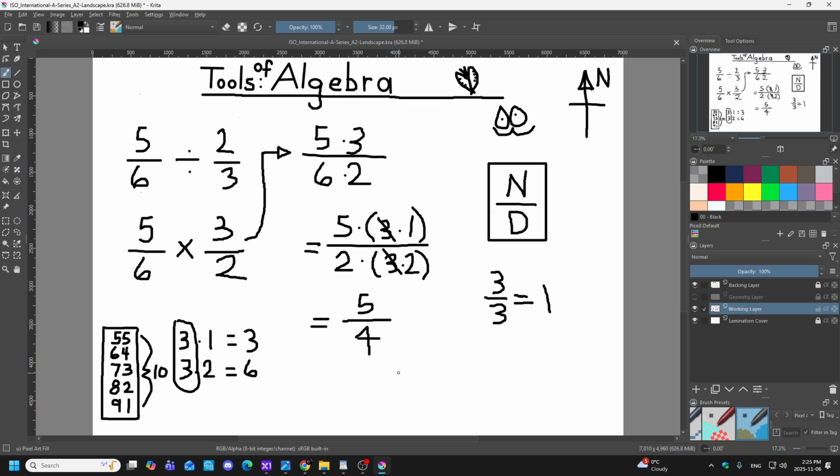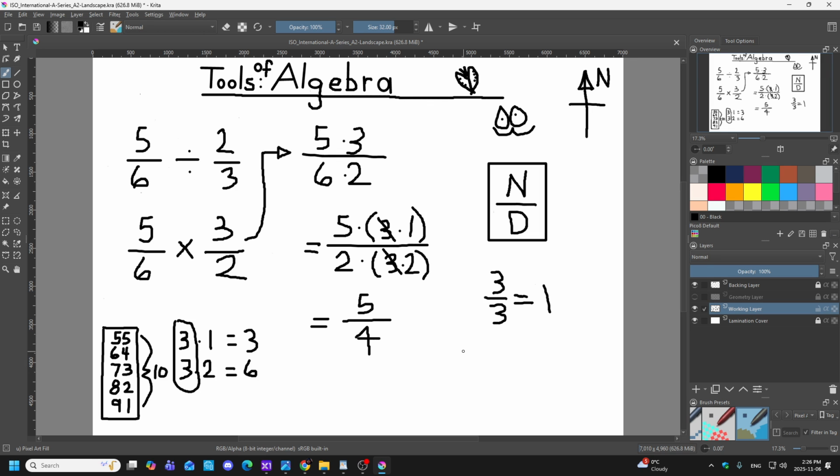Now you can check your answer if you're allowed to use your calculator. 5 divided by 6 times 3 divided by 2. And I get 1 1/4.